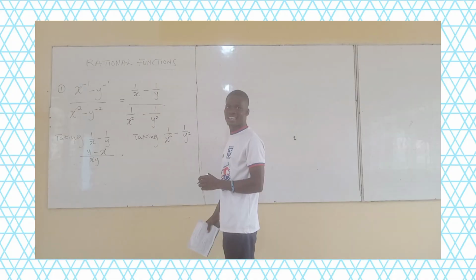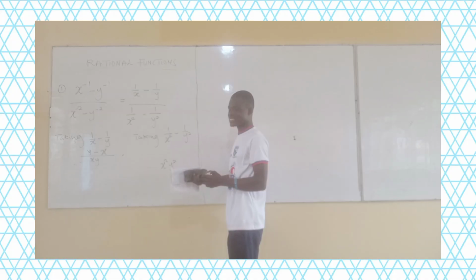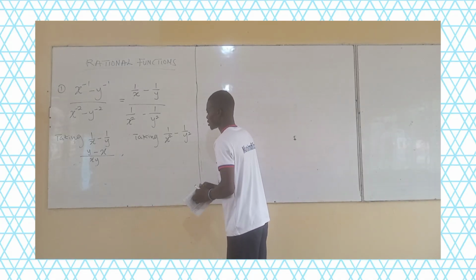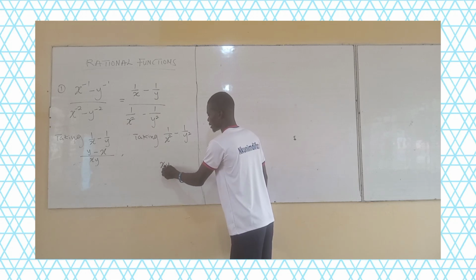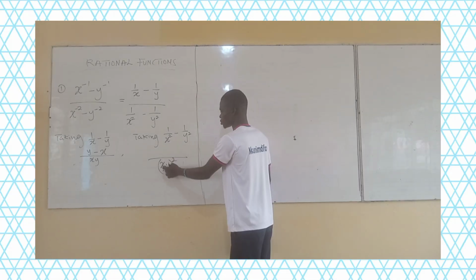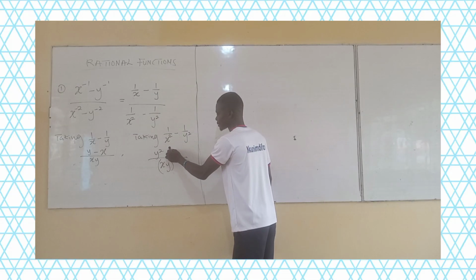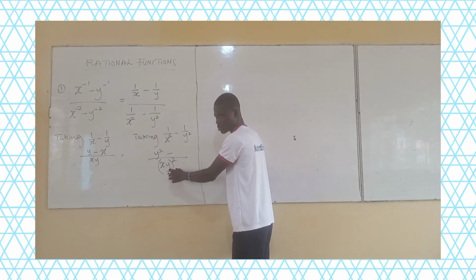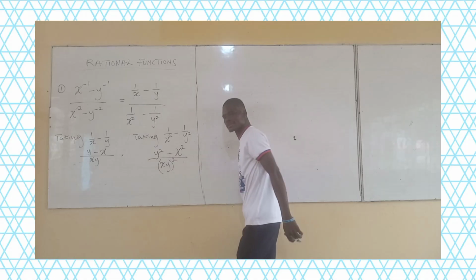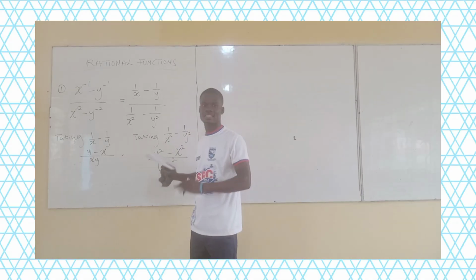The LCM is going to be x squared y squared. x squared goes into that, the remainder will be y squared times 1, y squared, minus y squared goes into it and cancels, the remaining term is x squared times 1, x squared. So we have to take our time and simplify each separately.